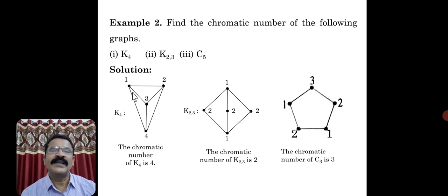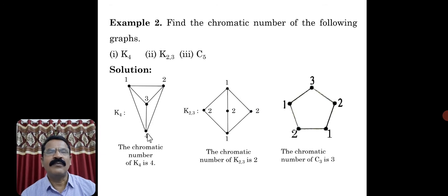First we consider this vertex. We have assigned the color 1. The other vertex, which is adjacent with the previous vertex, cannot use the color 1, so you have to use the color 2. The third vertex is adjacent with the first as well as the second vertex, so you cannot use the color 1 or 2, you have to use the third color.